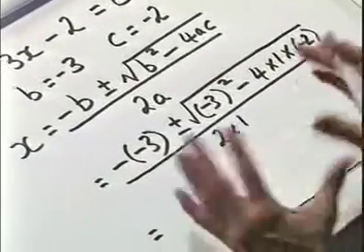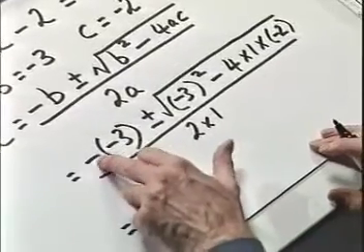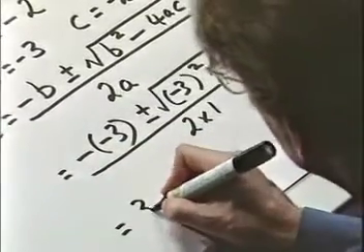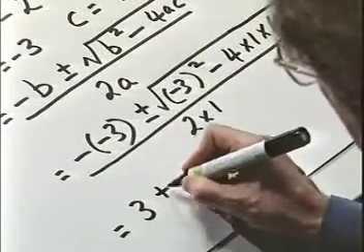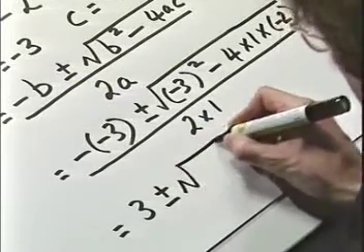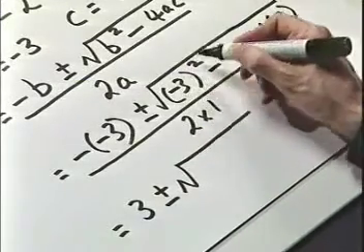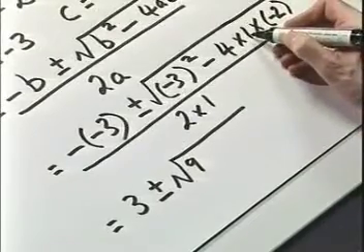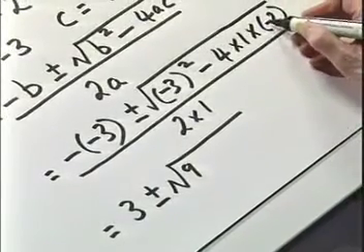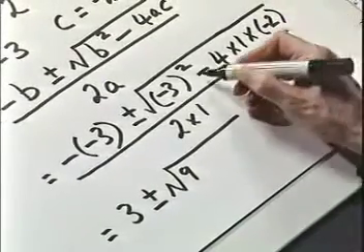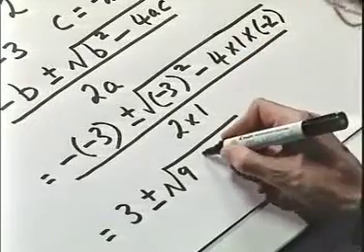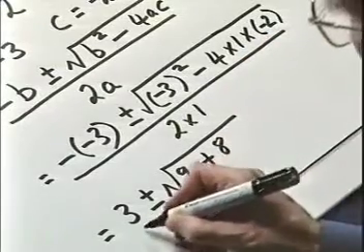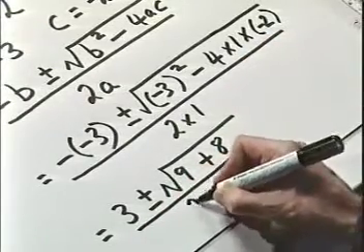And now let's tidy this up. So we have minus minus 3, that's plus 3, plus or minus the square root of minus 3 all squared is 9. 4 times 1 is 4, times minus 2 is minus 8, and we've got this minus sign here which makes plus 8, all over 2.